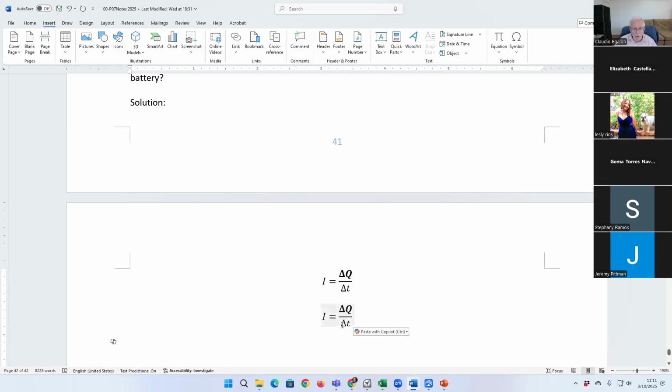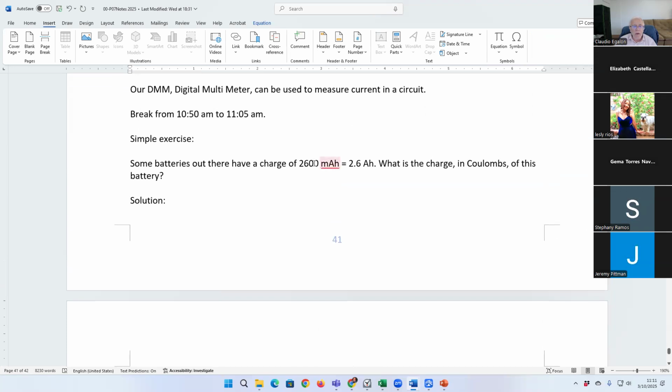So we have to multiply the current by time. If we multiply the current by time, we get the amount of charge. Okay. Well, now the amount of current is just this 2,600 milliamps, right?